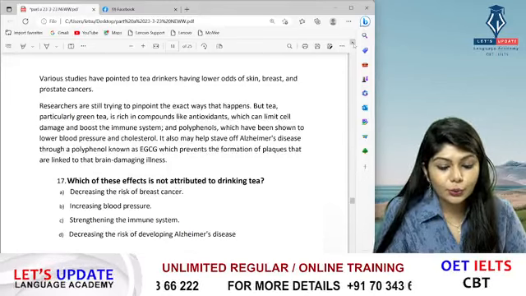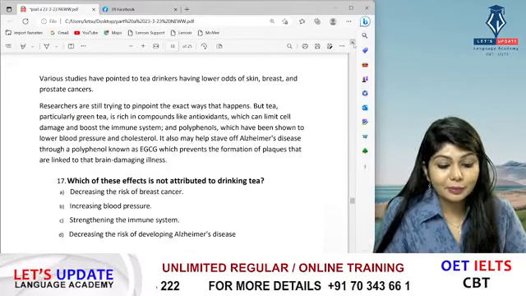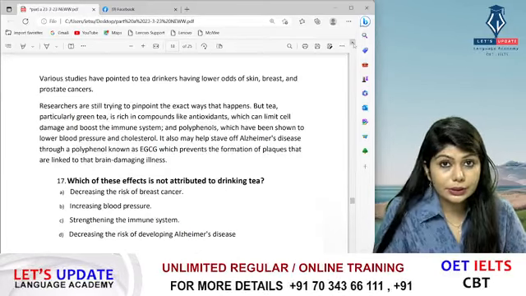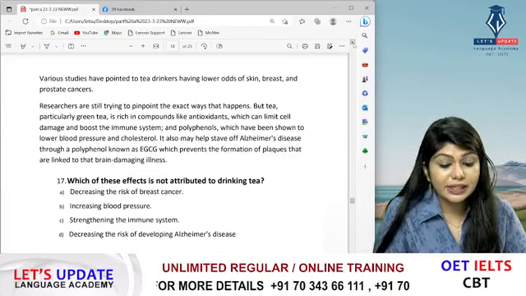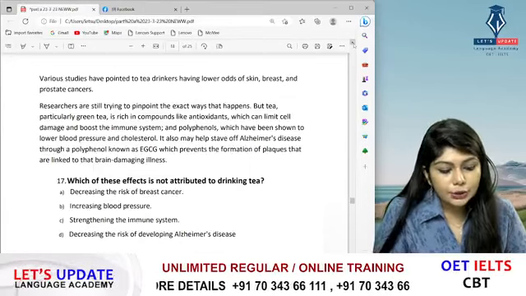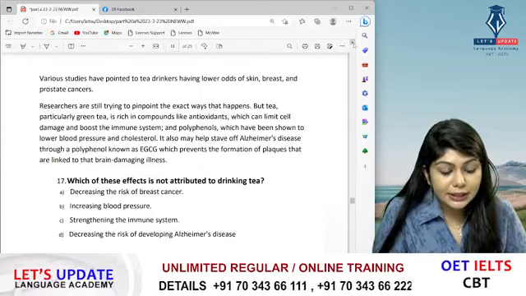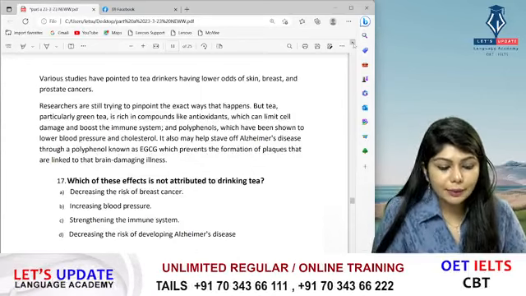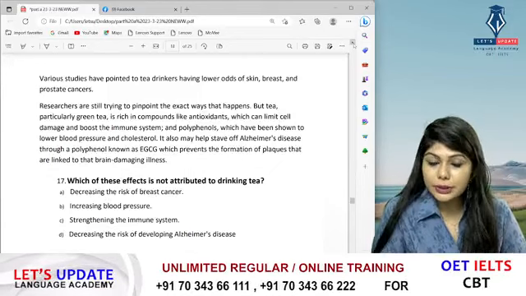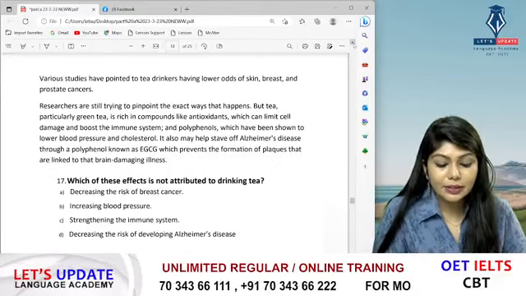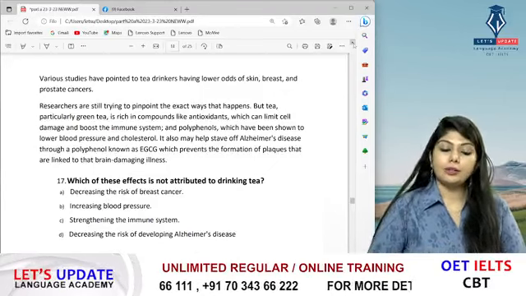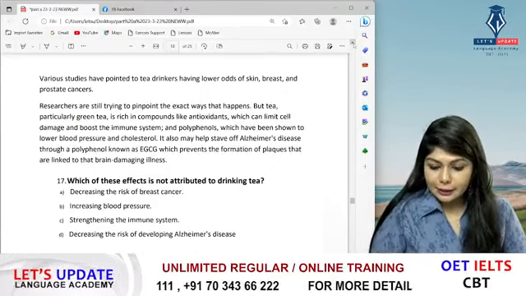You need not find something that is linked or connected to drinking tea, but something which is not. Now moving to the options: A, decreasing the risk of breast cancer; B, increasing blood pressure; C, strengthening the immune system; and D, decreasing the risk of developing Alzheimer's disease. So these are the four options.